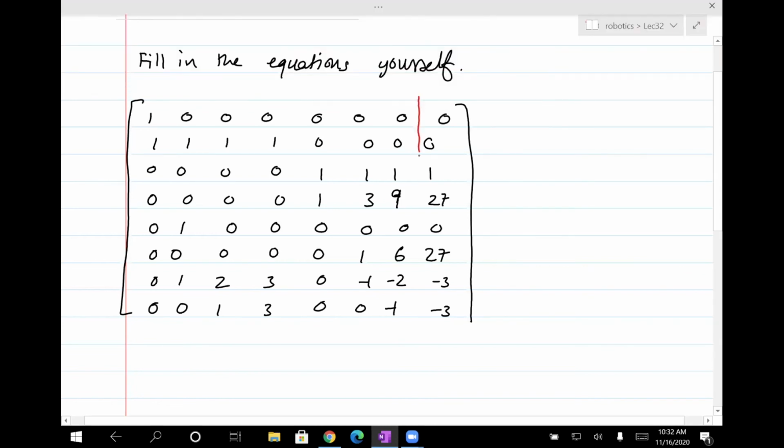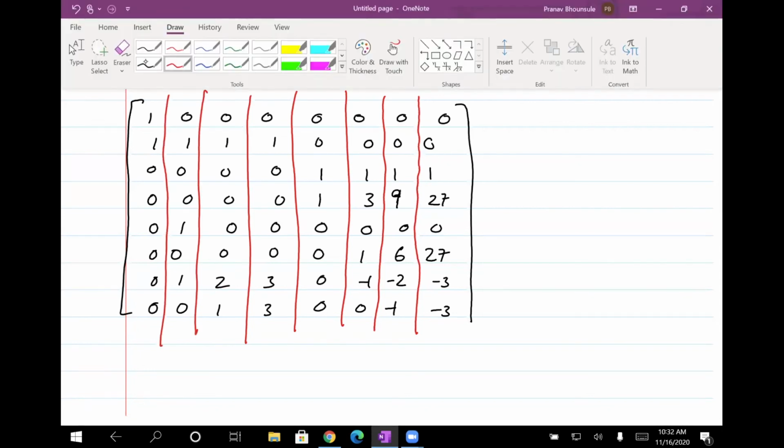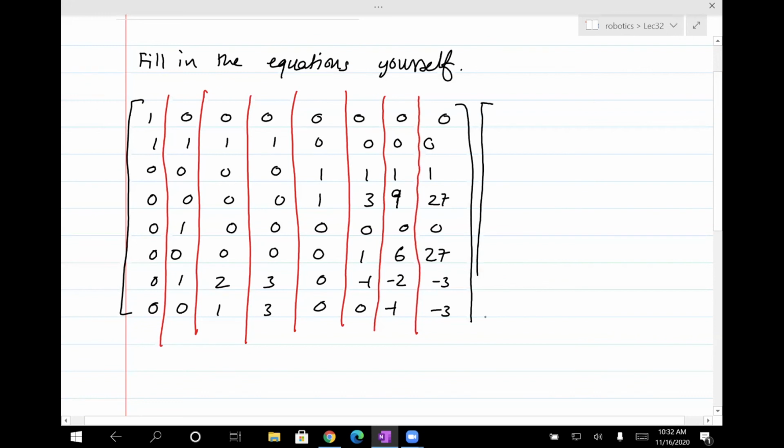Sometimes it's easier to visualize it if you draw a vertical line like this, or if you have grid-based paper, it's just much easier to visualize it if you write it in those boxes. Okay, so here is the A matrix, and then we have the unknowns: a10, a11, a12, a13, a20, a21, a22, a23.